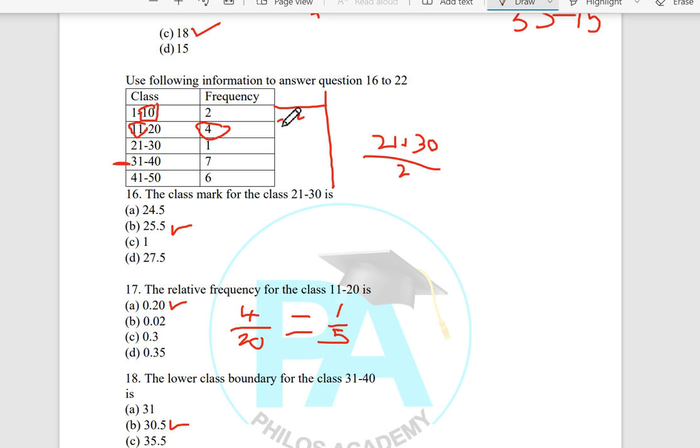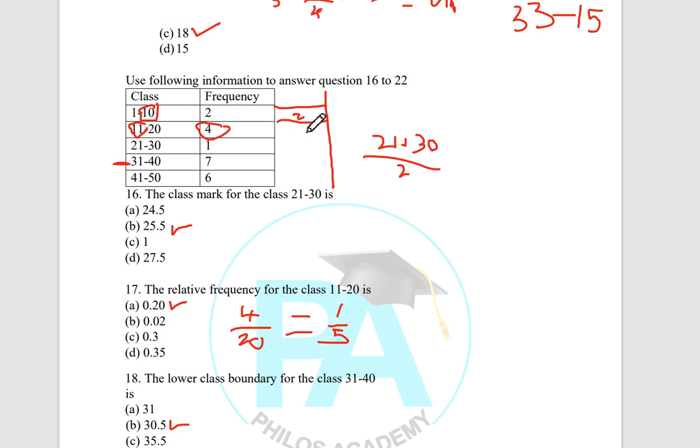For the second class, you add the previous class frequency to it. So 2 plus 4 gives you 6. For the third class, you add 2 plus 4 plus 1, which gives you 7.